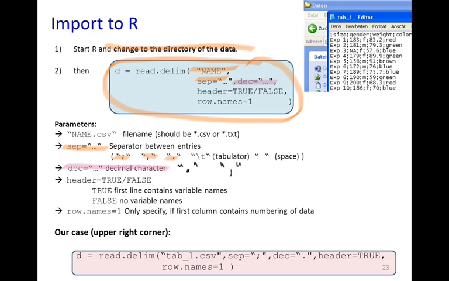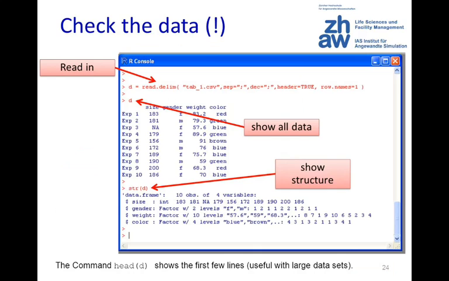Then you need to specify whether you have a header, and you need to specify whether you have row names in the first columns. So in our case, of the upper right corner there, we see actually the command down here. So we have the file name, we have the separator, we have the decimal character, we have a header, and we have row names in the first column.